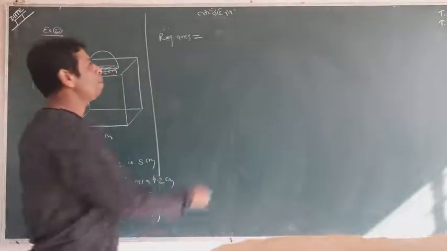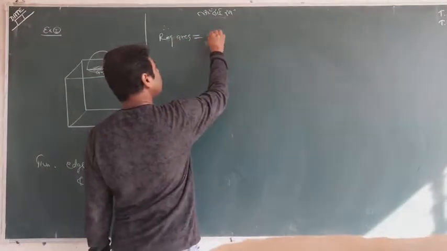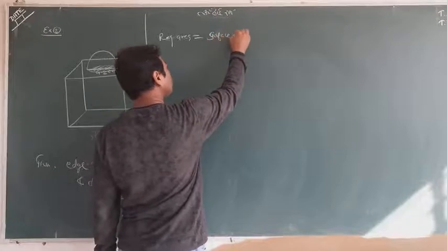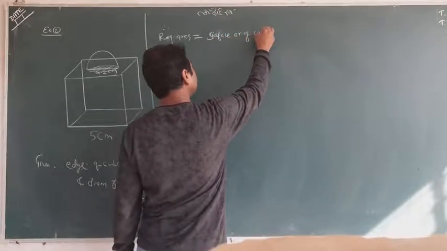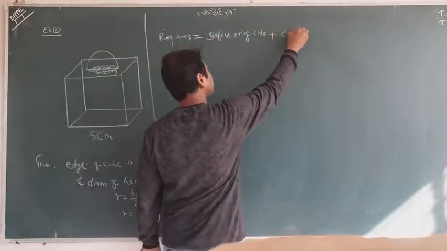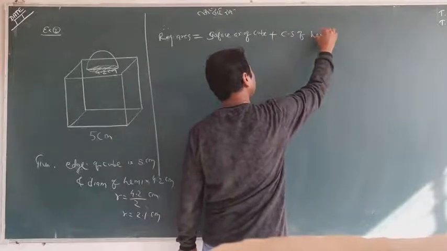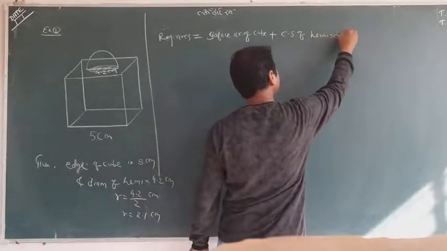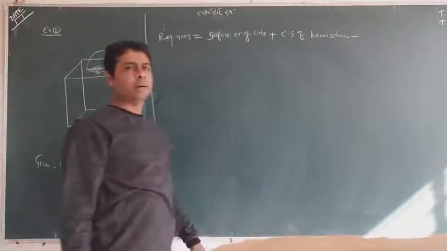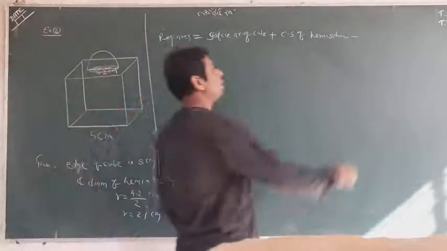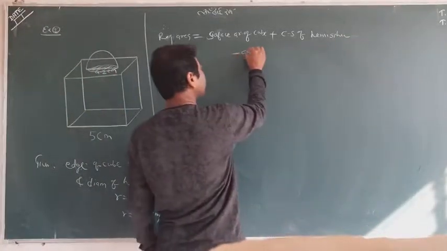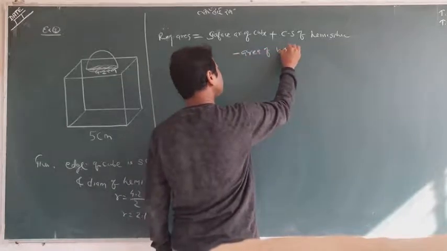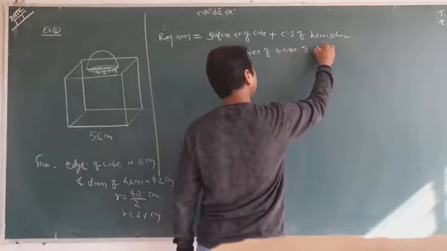Required area equals whole surface area of the cube plus curved surface of the hemisphere minus the area of the base of the hemisphere.